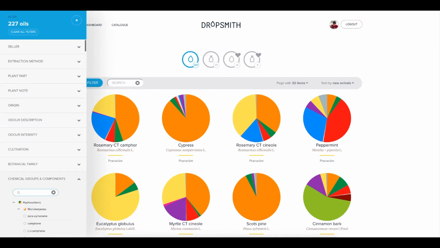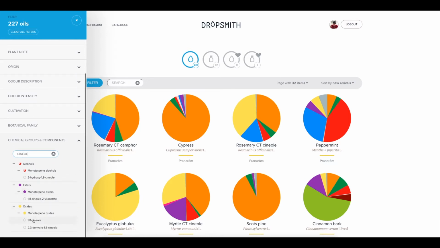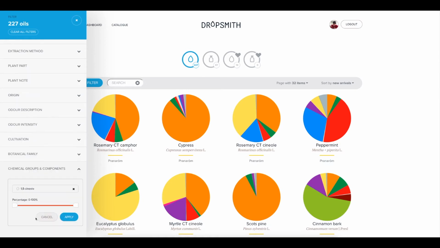So here in the filter, I will type in 1,8-cineole. Choose it here, just make sure you clicked it. And today we're going to look at all oils that have over 25%. Let's see how many we'll find.